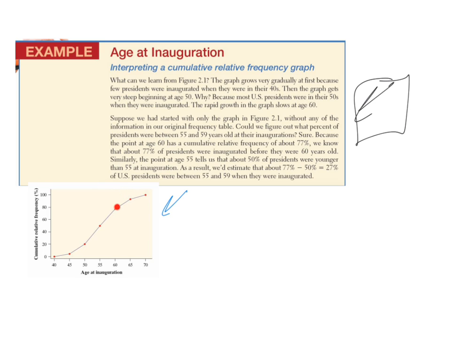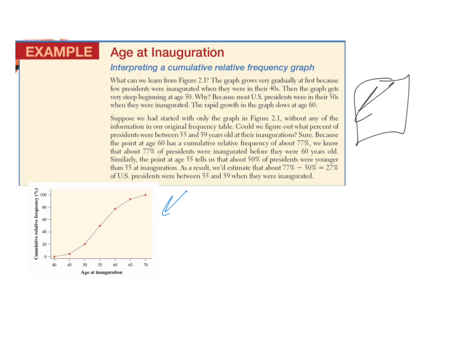You can see that we're gaining similar numbers of older presidents as we are younger presidents because the slopes of those lines are the same. So it's really important to look at the slope of a line when interpreting a cumulative frequency plot, or the slope of the segments, I should say, because it's broken up into pieces.